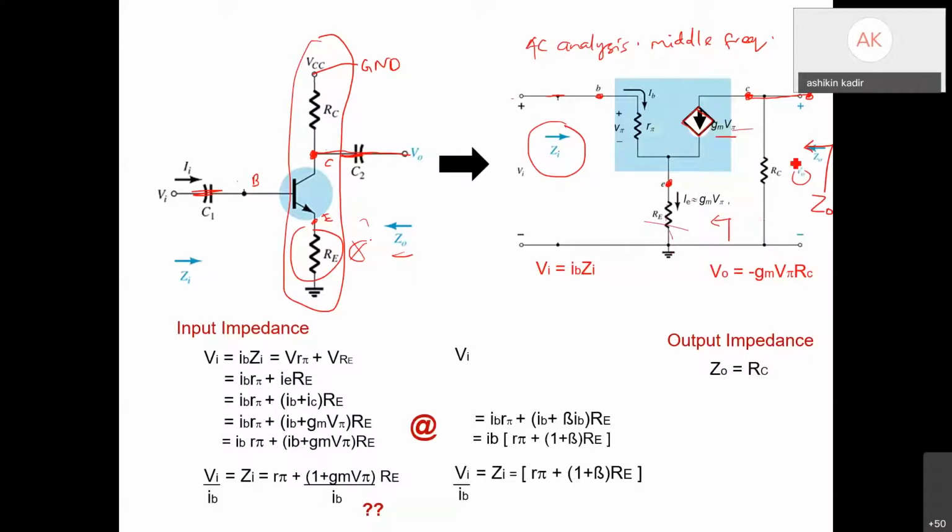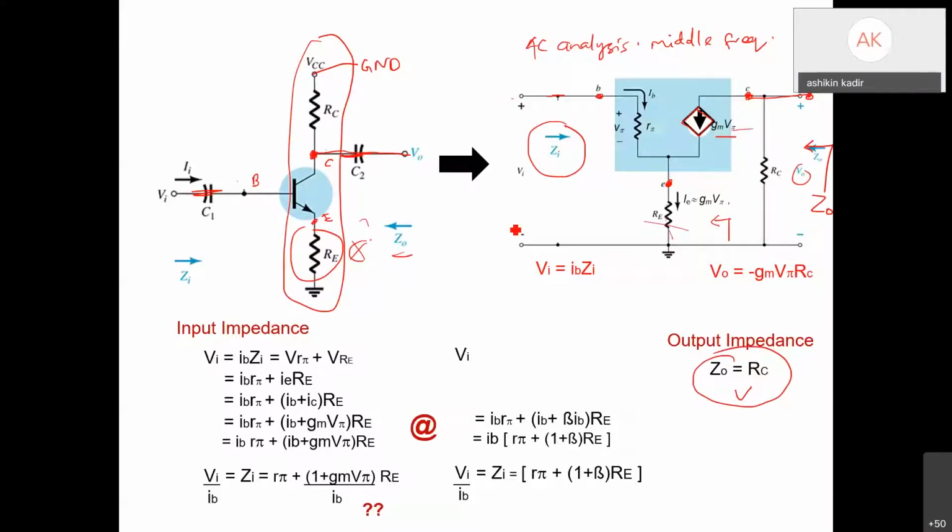When you read the impedance at the output, it points to RC, because when you want to determine Z, you open circuit your source. So you only get Zout equals RC. This one is easy.